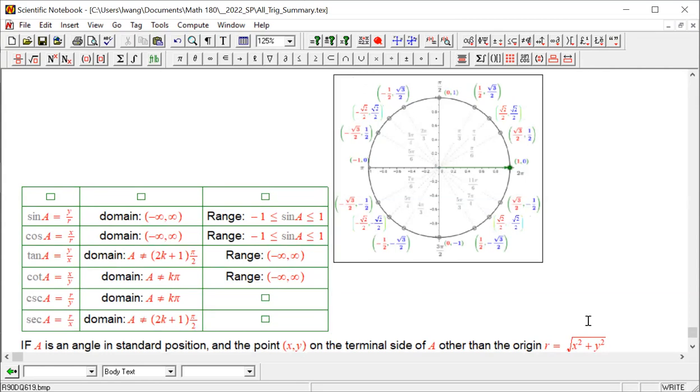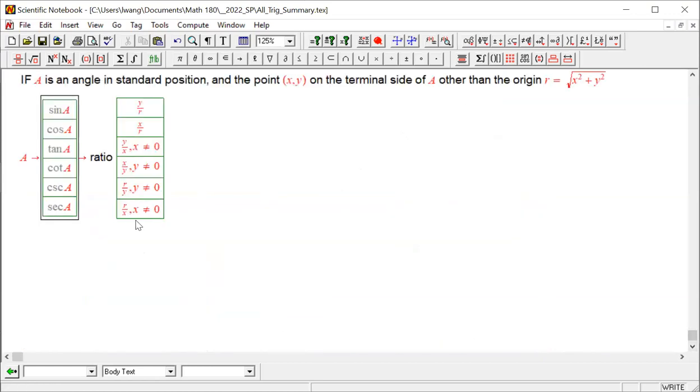How about range? Range will be an interesting game. Why? Because if you look at cosecant or secant, it's r over y.